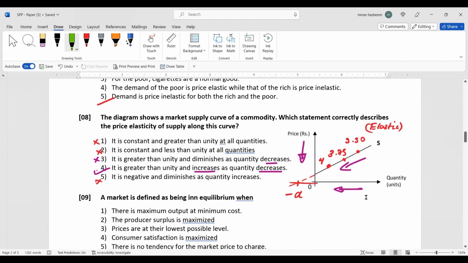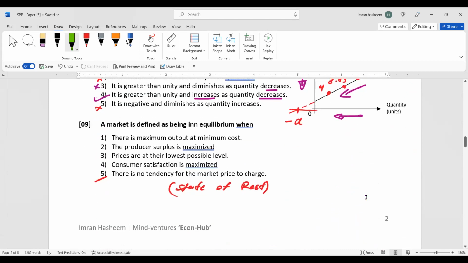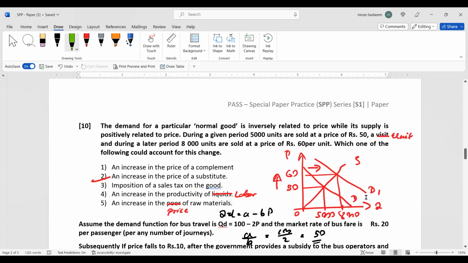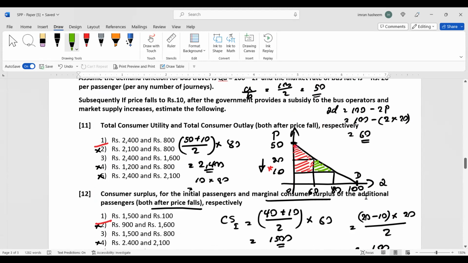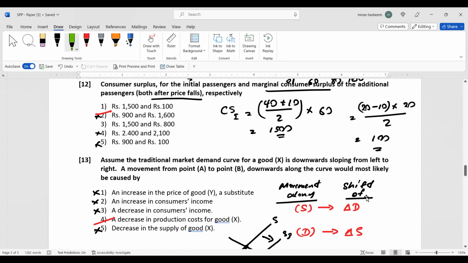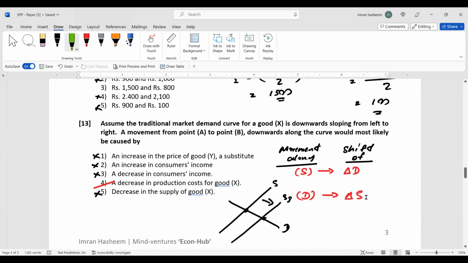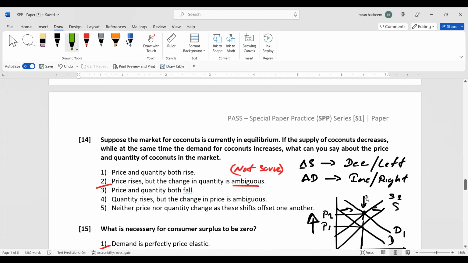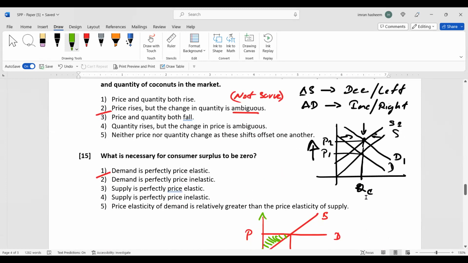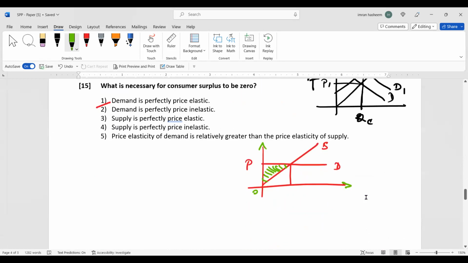Question 8, answer 4. Question 9, answer 5. Question 10, answer 2. Question 11, answer 1. Question 12, answer 1. Question 13, answer 4. Question 14, answer 2. And question 15, answer 1.